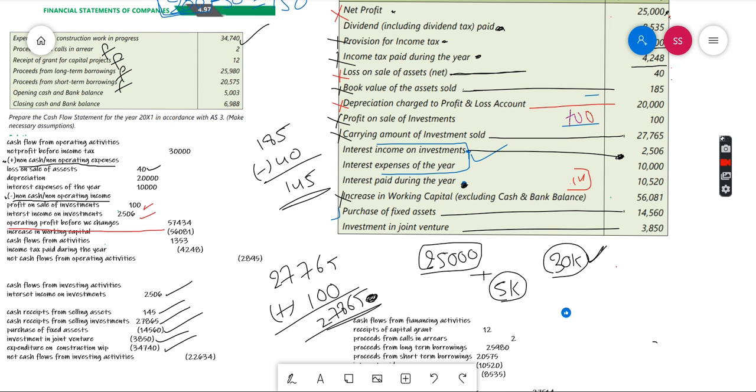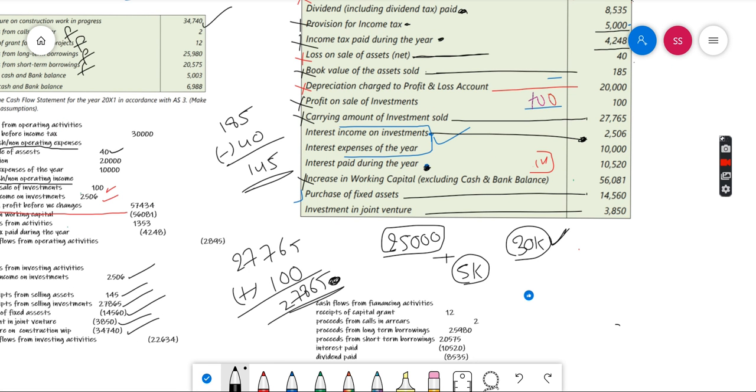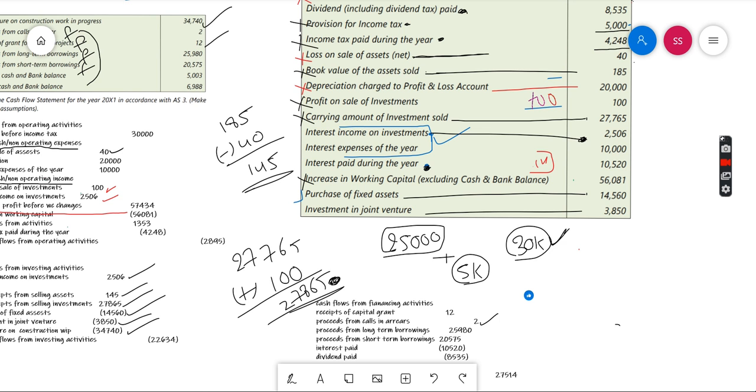22,634. Now let's do the financing activities. As we discussed here, all these are financing activities. First, proceeds from calls in arrears, 2 rupees, and then cash receipts from capital grant, let me show you the question properly.